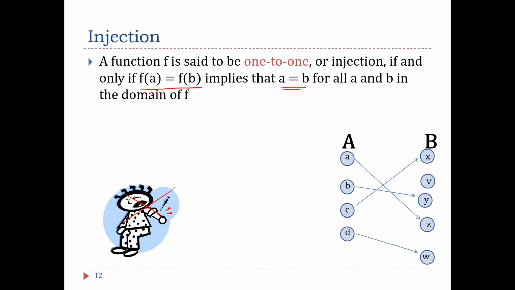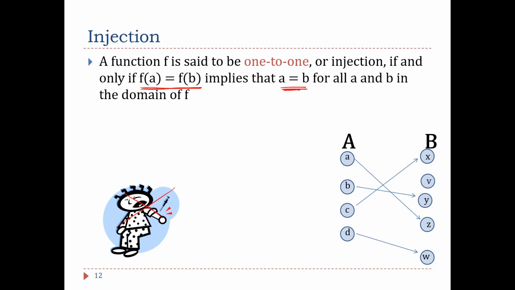Okay, so maybe you would say that you mentioned nothing about different images. You use this definition that if f of a is equal to f of b, then necessarily a must be equal to b.